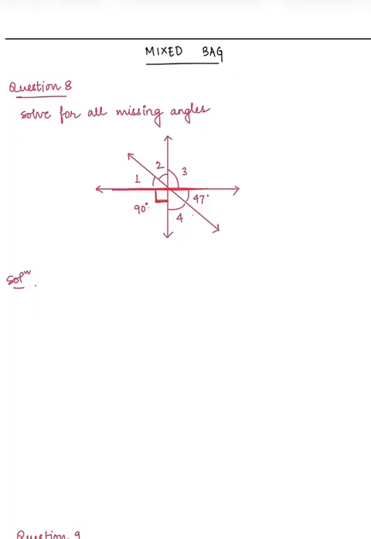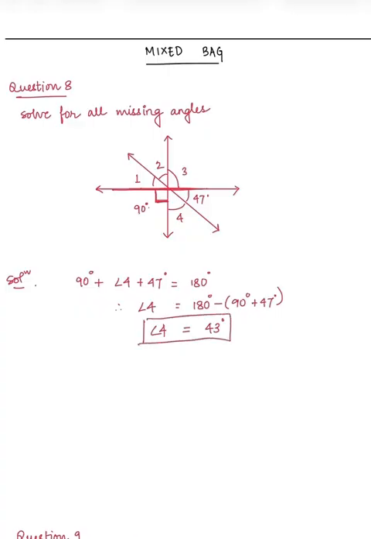So 90 plus angle 4 plus 47 will be 180 degree. So therefore, what will be angle 4? 180 degree minus 90 degree plus 47 degree. So when you add and subtract, we get angle 4 is 43 degree, right? So we got the value.